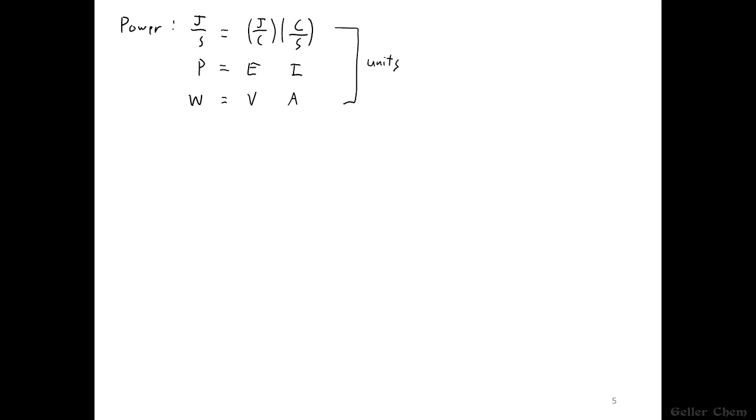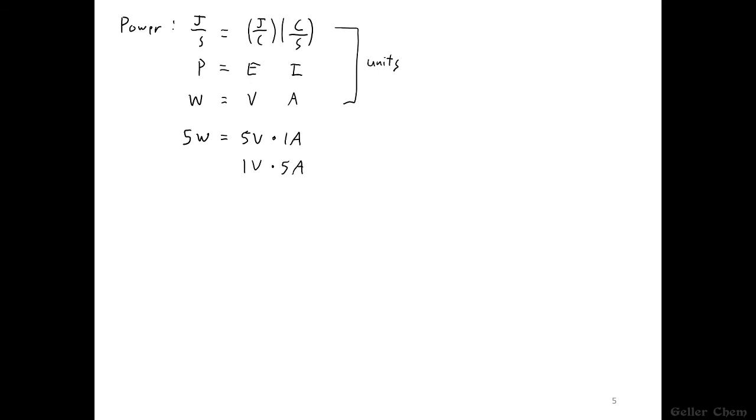So if we say that something requires 5 watts of power, in other words, it needs 5 joules of energy every second, that can be interpreted a number of ways. That could mean that it needs 5 volts at a current of 1 amp, since 5 times 1, of course, equals 5. It could mean that it only needs 1 volt, but generate a current of 5 amps.